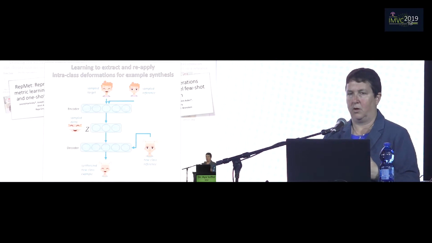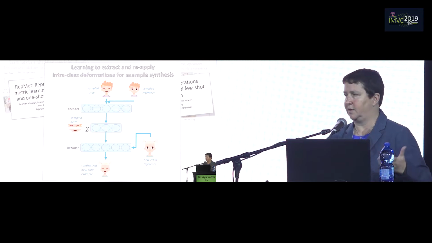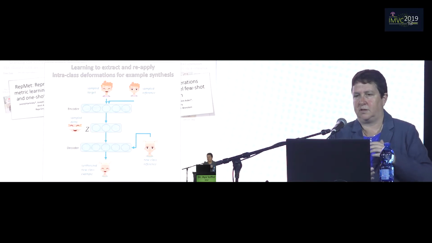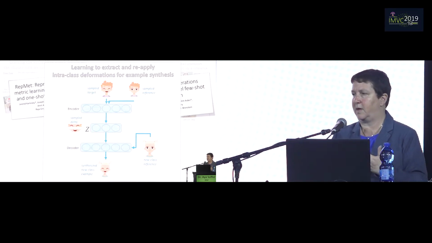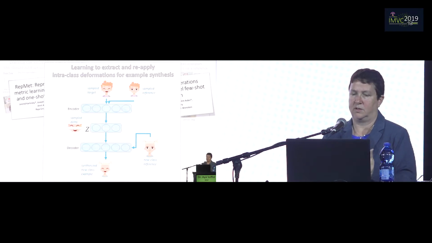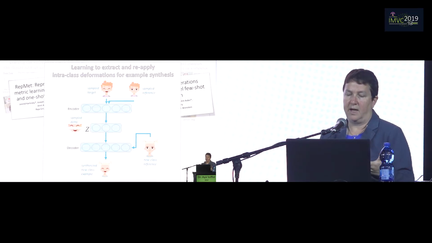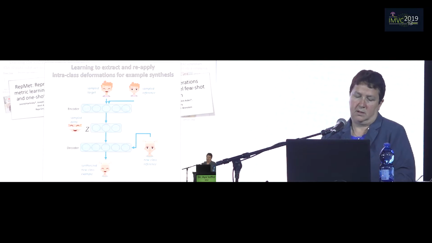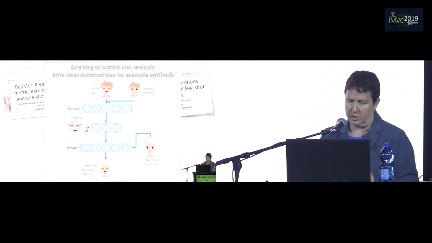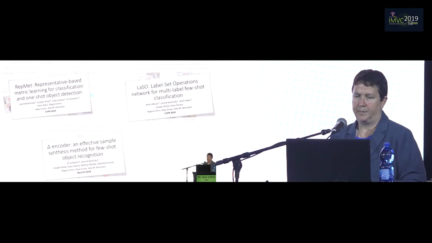So let's say I have a person that's smiling and a person that's crying and so on, but for a different class, I don't have these different types of features. So I can learn what distinguishes between them and then apply that, in my case, to these girls to now create girls that are smiling or laughing and so on. And in this sense, really take the little data that I had and create much more data out of it.